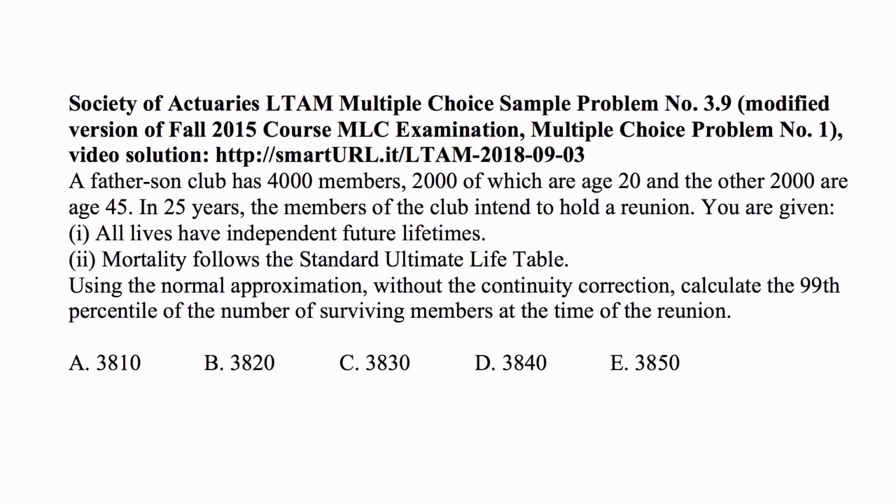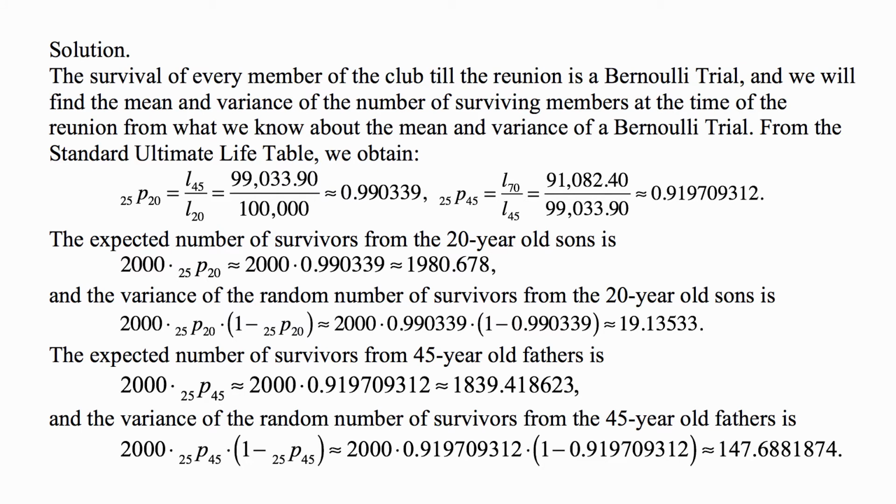Using the normal approximation without the continuity correction, calculate the 99th percentile of the number of surviving members at the time of the reunion. And here's the solution. The survival of every member of the club till the reunion is a Bernoulli trial. The person either survives or doesn't survive.